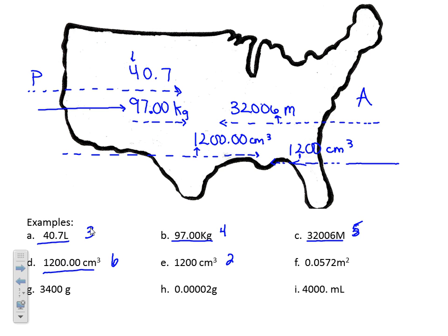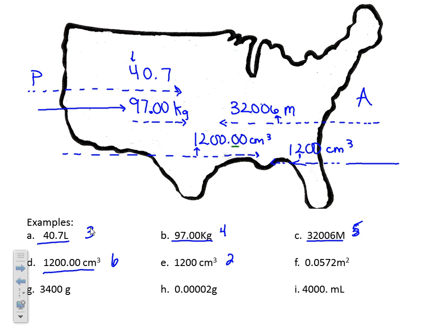So the difference in these two quantities is not the value of the quantity, the numerical value, still about 1,200 centimeters cubed in volume. The difference here is the tools that were used. We can see that the tools for the first value of volume were measuring length, width, and height with a ruler that had a mark for every 1/10 of a centimeter, and the last zero is the estimated digit.